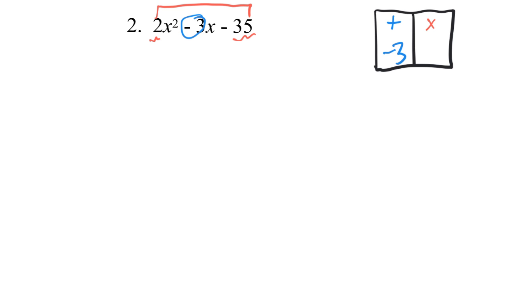So we said we multiply 2 times 35, which is, I guess, -70. And we go through the math for it.